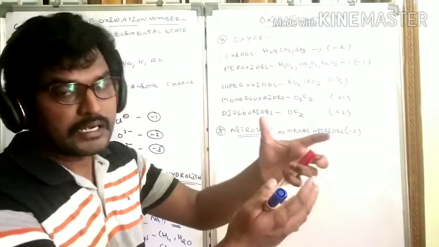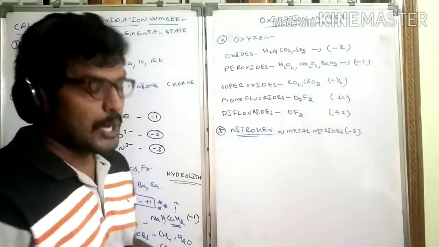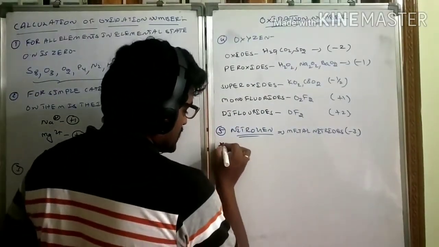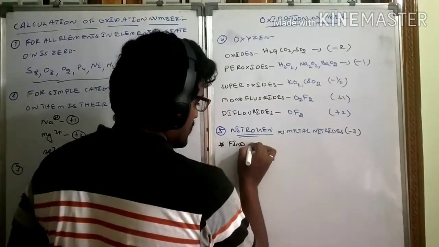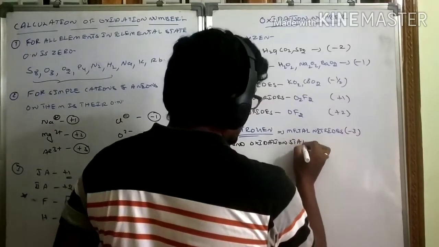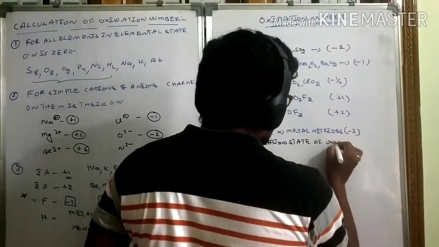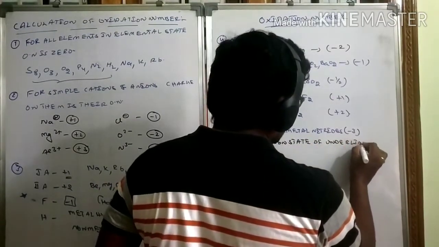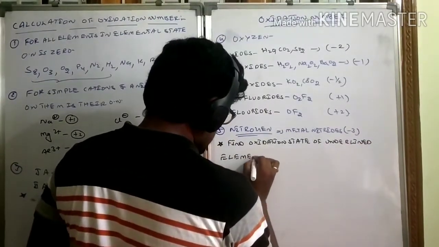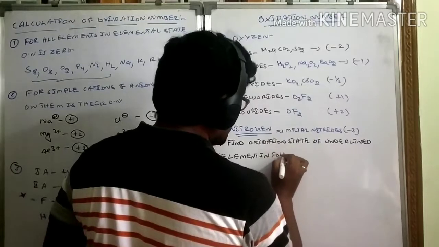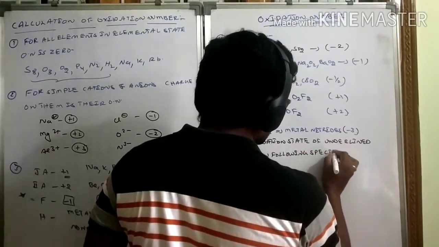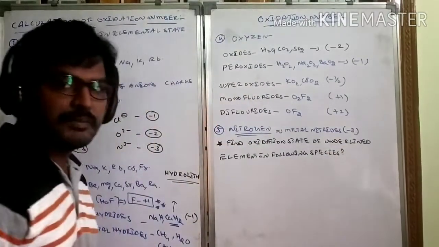How can we calculate the oxidation state? Let me give you some compounds. The question is, find the oxidation state of the underlined element in the following species. So this is the question they will be asking you.